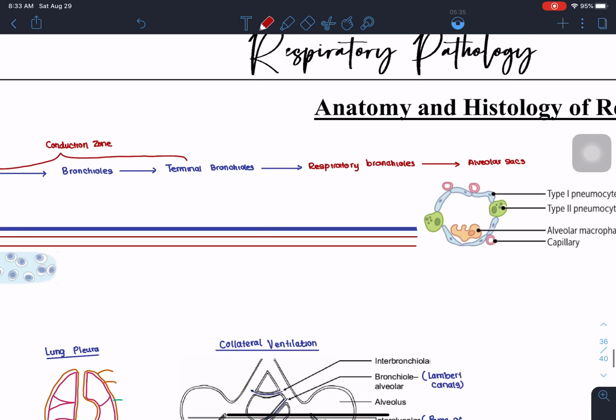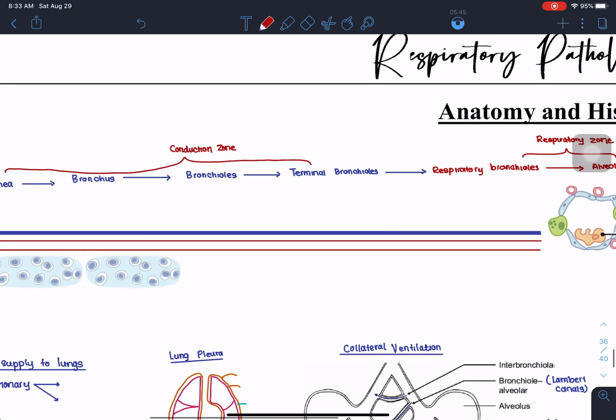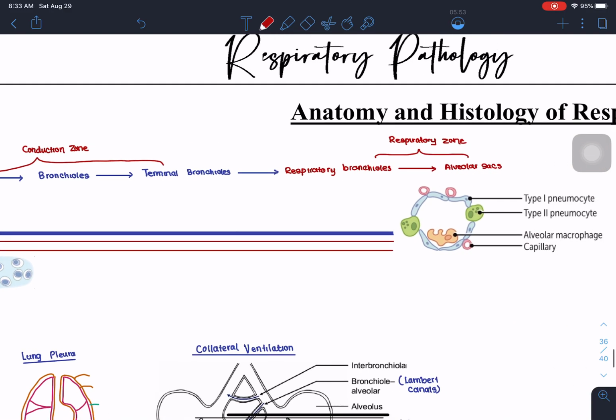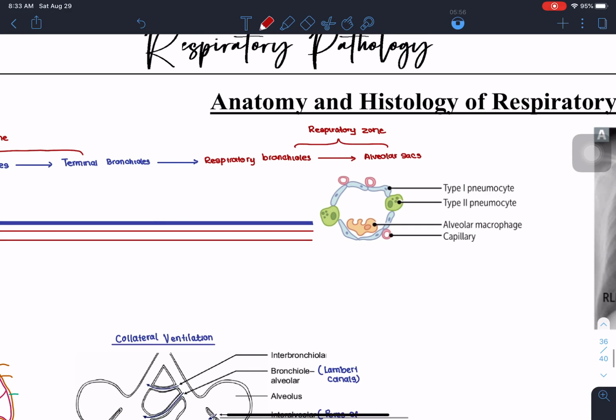And these are called the respiratory zone. It's pretty self-explanatory. So in the conduction zone, the function is not gas exchange. It is to allow the air to travel downwards. And in the respiratory zone, you get gas exchange between the respiratory bronchioles or the alveolar sacs and the blood.